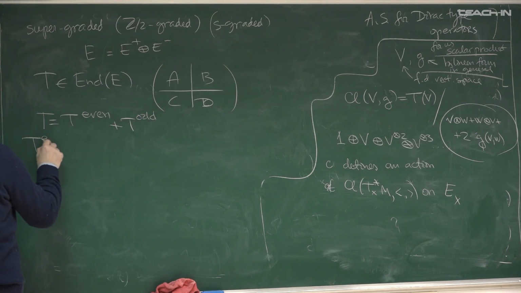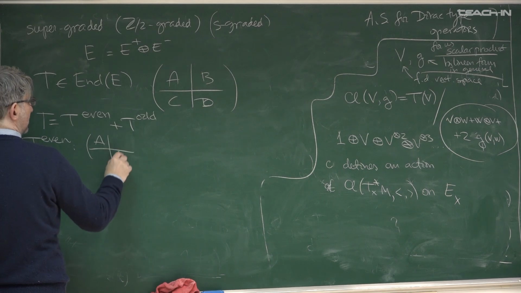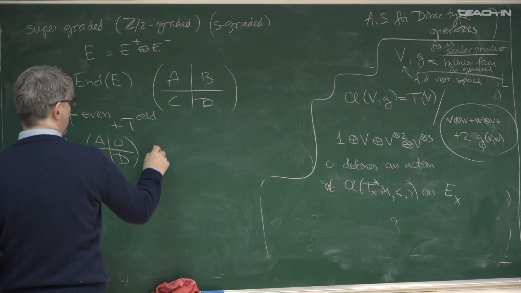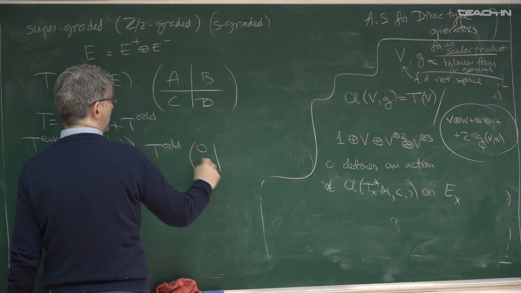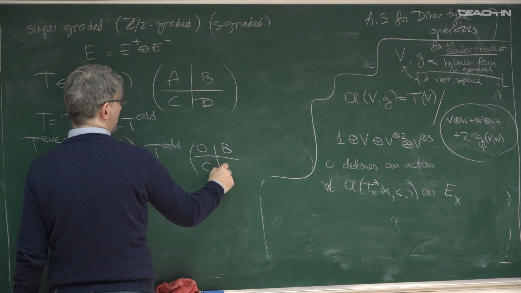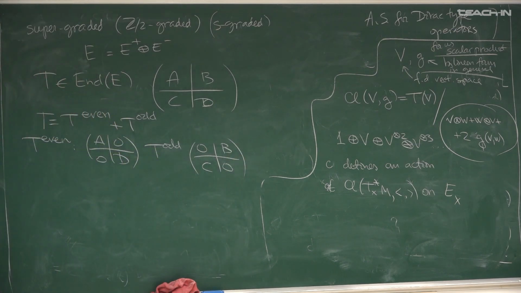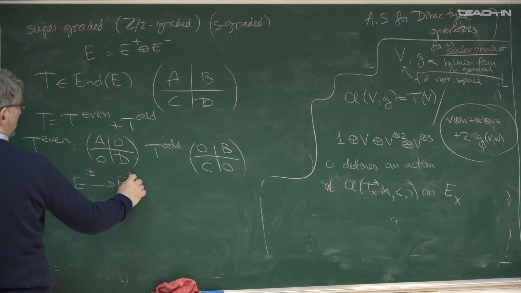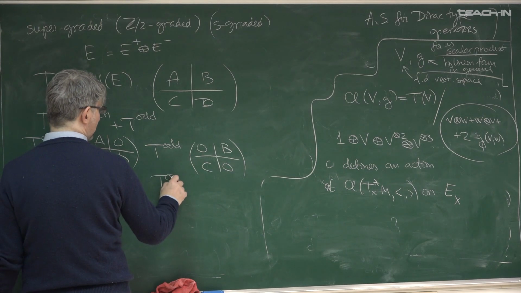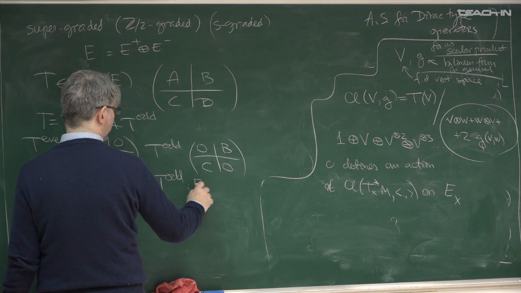T even is represented by the matrix with A and D, and T odd, its odd part, is represented by a matrix of such form. What can I say about that? That T even preserves the parity, yes, and T odd reverses the parity.